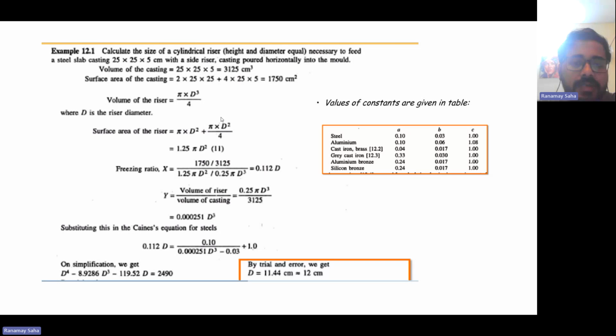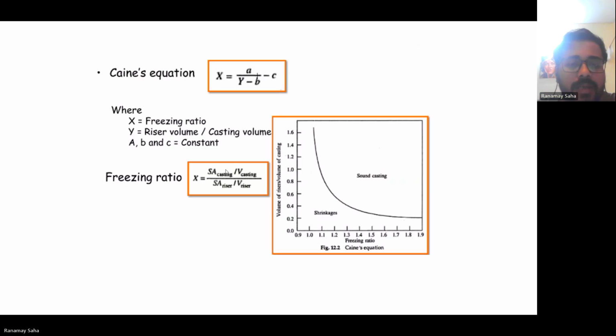Then the total surface area is 1.5 pi d square, and you have the ratio from the earlier slide, surface area A by B of casting.